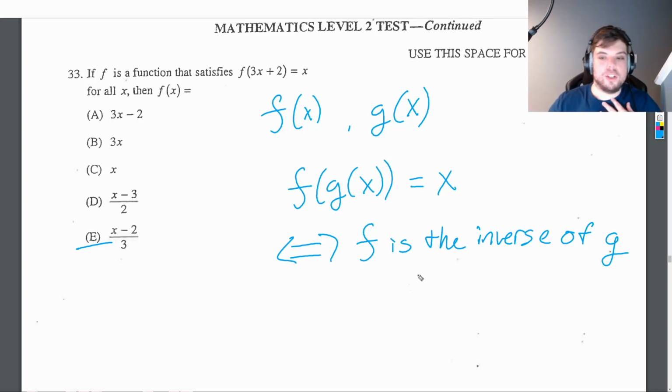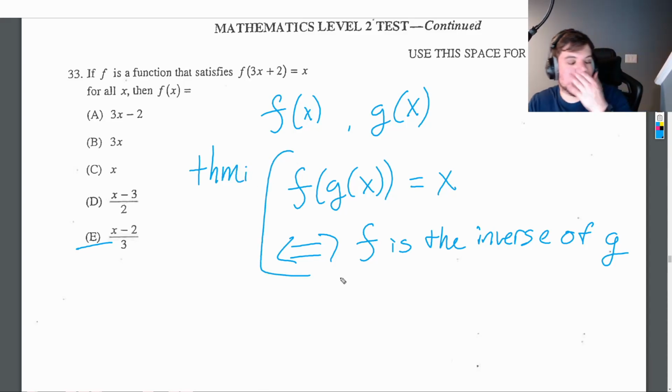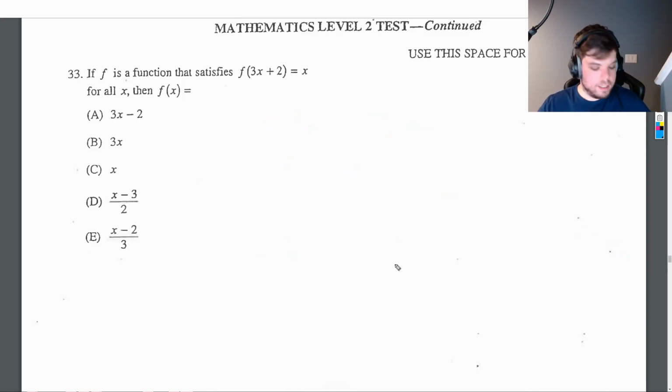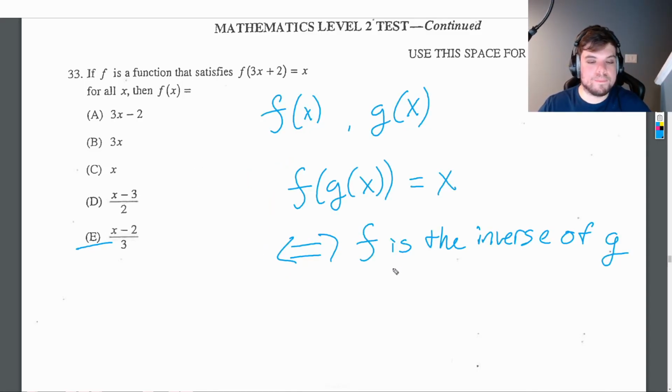Think about it like e to the x, the exponential function, and the logarithmic function. If you do e to the ln of x, you get x, because e and ln are inverses of one another. Just the same, 1/2 x and 2x are inverses. You do 1/2 of 2x, you get x. That's a theorem, so regardless, it's a mathematical fact.